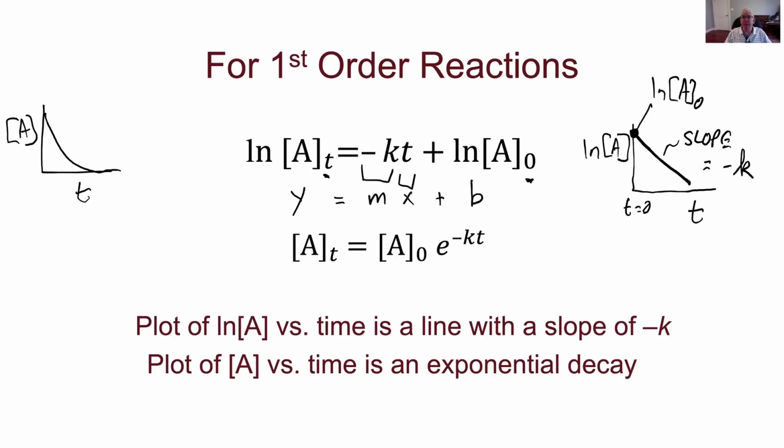So what that tells me is that one way to tell if a reaction is first order is if I can measure the concentration of the reactant versus time, graph it as log of concentration versus time. If I get a straight line, that tells me my reaction is first order. And if I get a straight line, the slope of that straight line will tell me the value of the rate constant, okay?